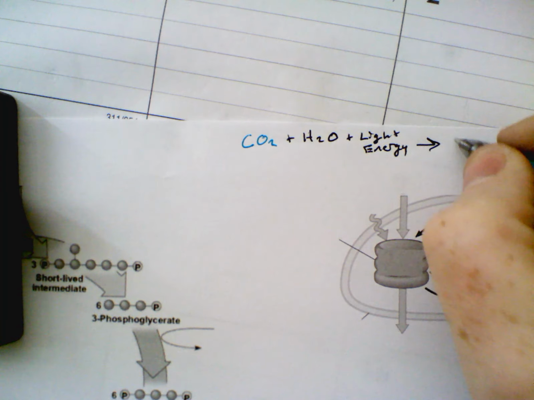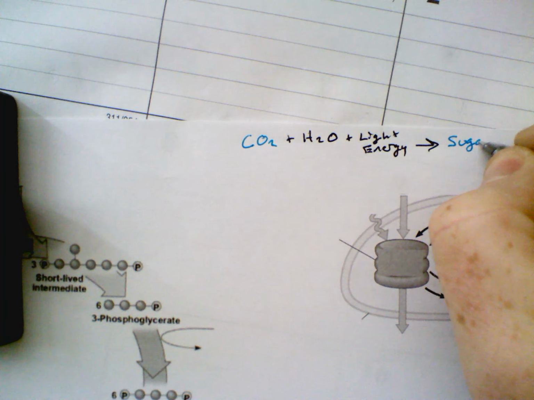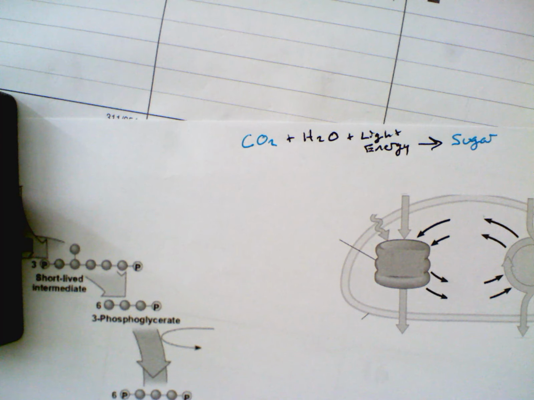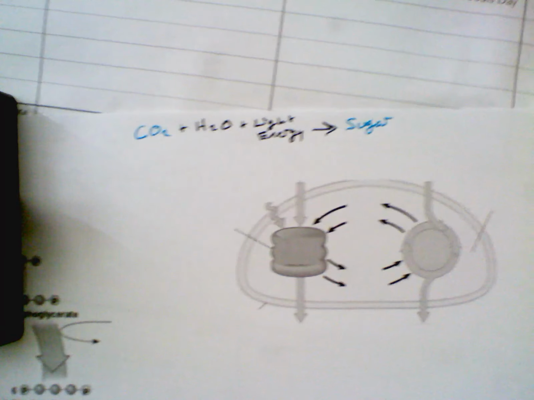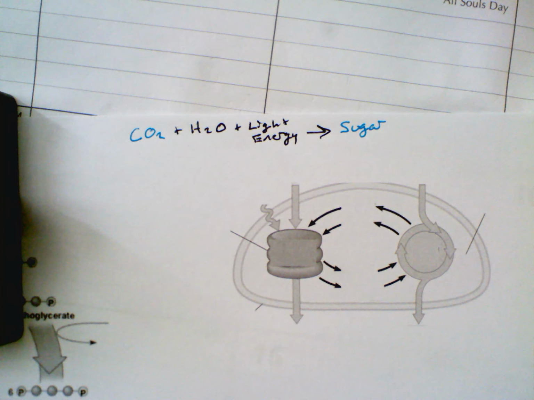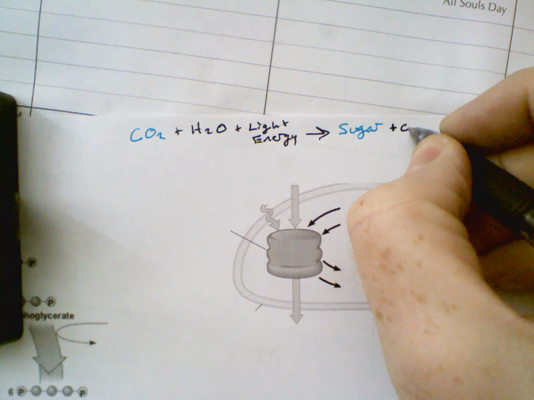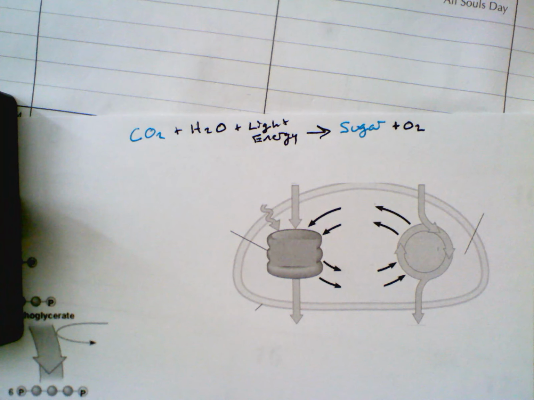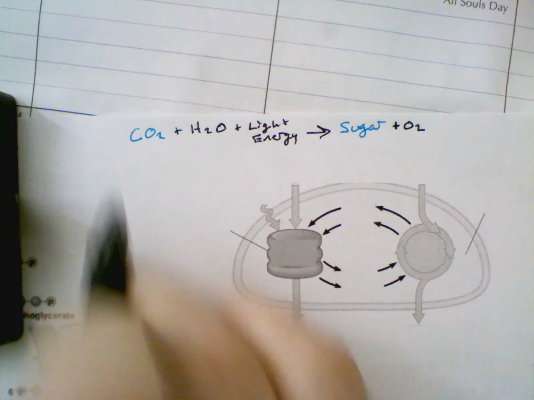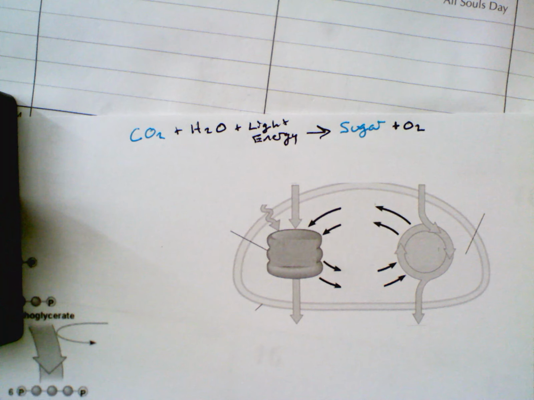We are going to be showing that sugar forming. I'm saying sugar instead of glucose because it's not always glucose. And we will not be dealing with oxygen today either. So, main goal of today is getting carbon dioxide to sugar.